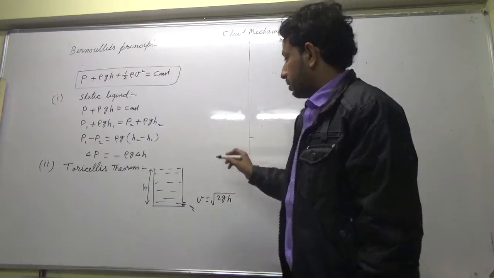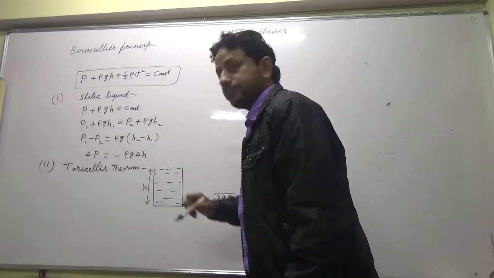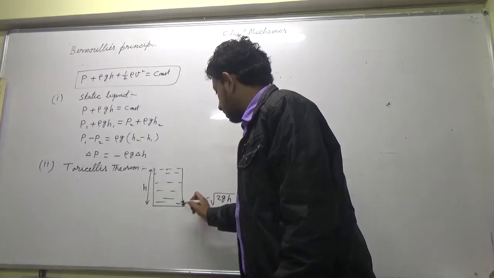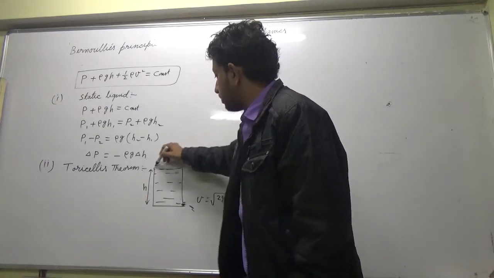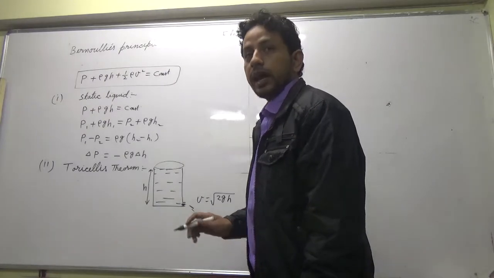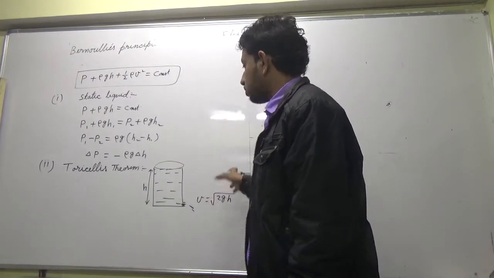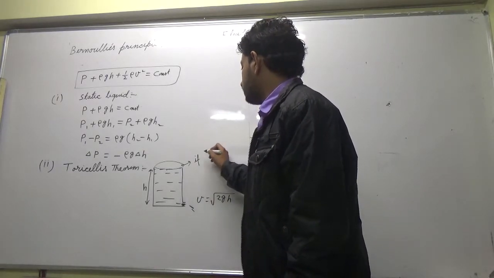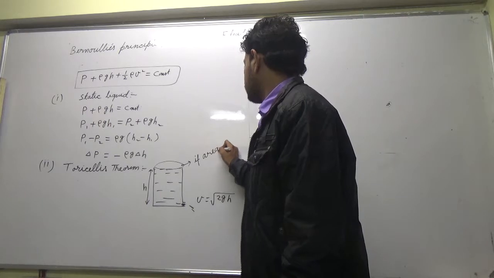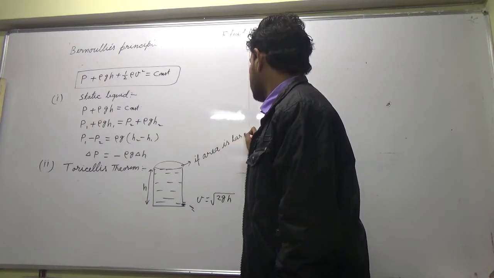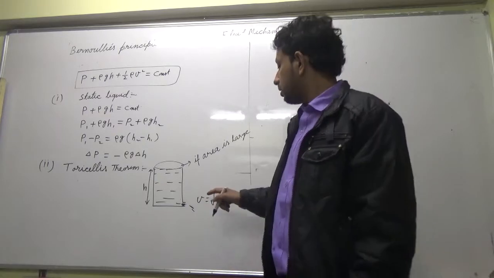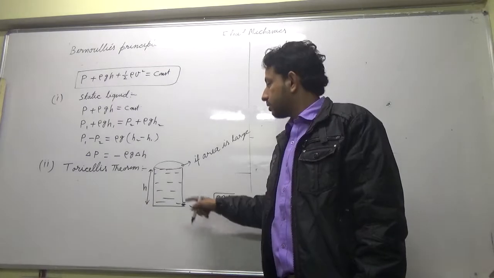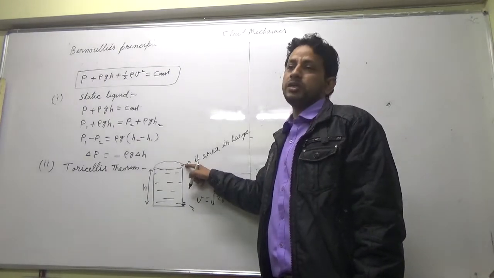So look, if we take a point here, and we take another point here, we assume that this surface is very large in size. If the area is large, then when the water comes out from this part, there will be a very negligible amount of change in this height.